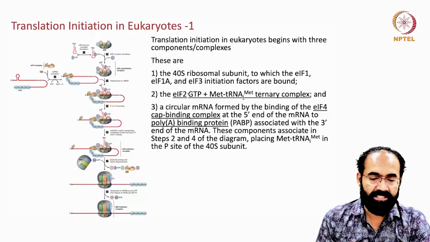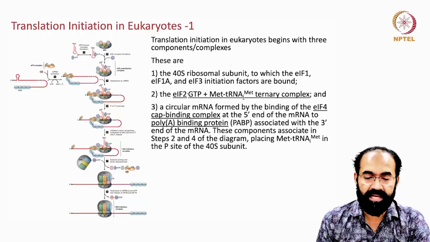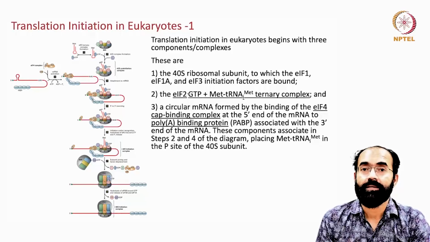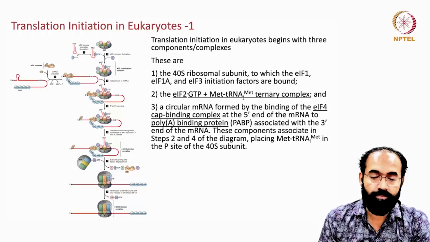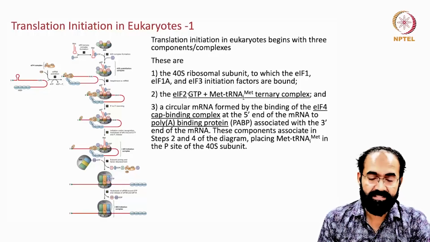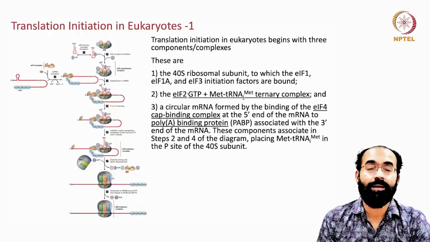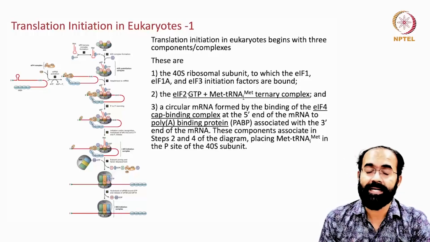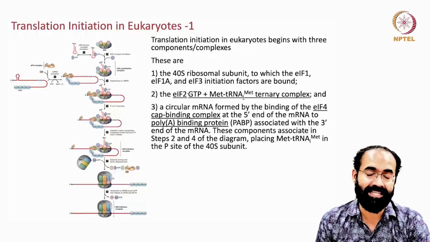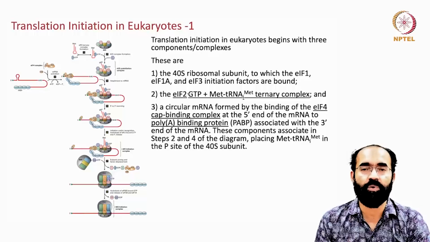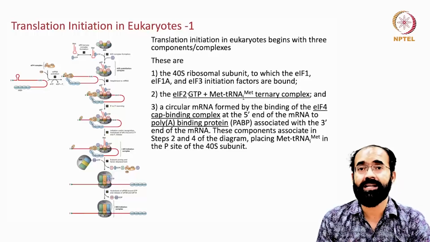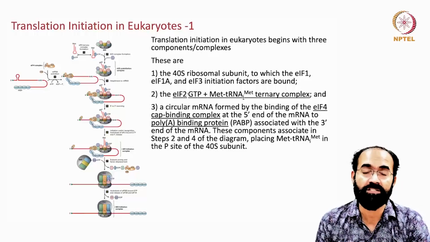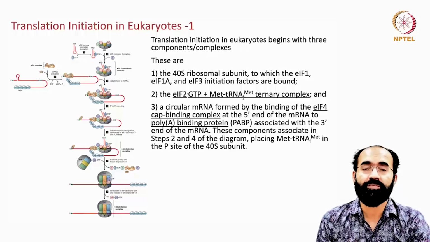And these components associate in steps 2 and 4, which you can see in this diagram, placing the methionine tRNA in the P site of the 40S subunit. The P site is the peptide bond forming site, because usually tRNA enters through the A site, the acceptor site, as protein synthesis takes place. But here it goes directly into the P site, because you don't need to start from the A site.